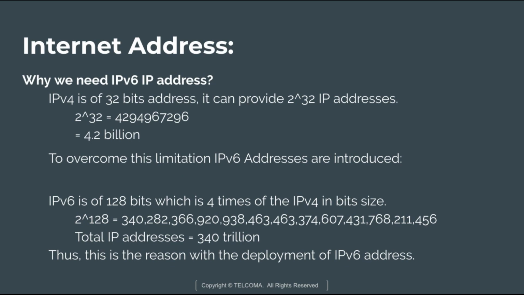Next is why we need the IPv6 address. The need for the IPv6 addressing system arises because IPv4 has a capacity of about 4.2 billion addresses. The number of network devices like computers, smartphones, TVs, smartwatches, cars, etc. is increasing, and these addresses are not enough to meet the demand of new devices.